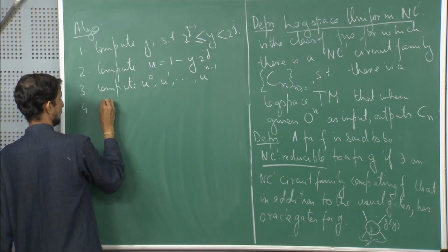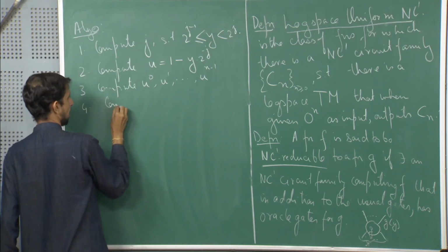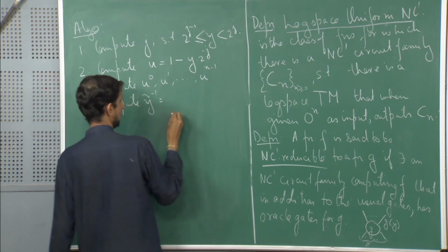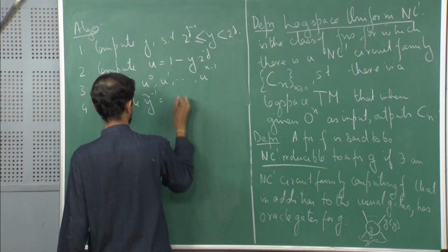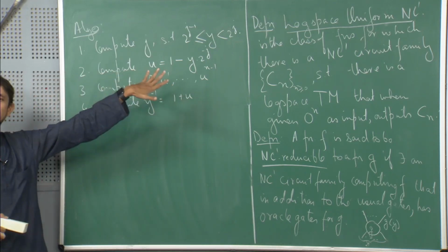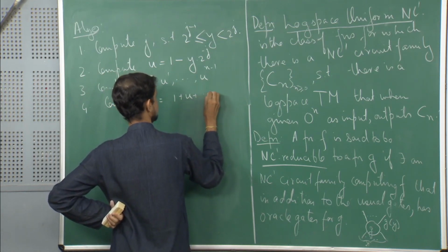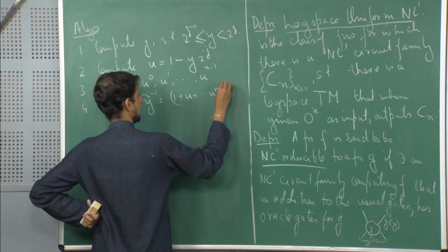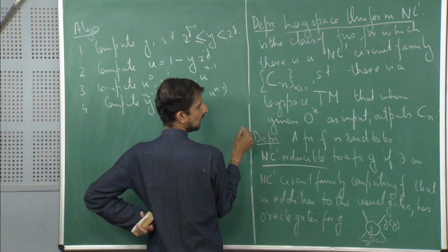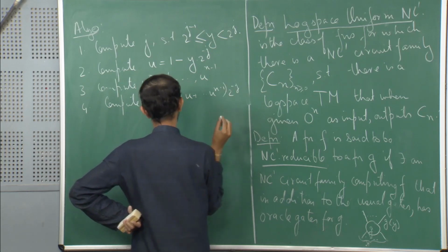Next we compute y tilde inverse, which is basically this summation, 1 plus u plus up to u to the power n minus 1, into 2 to the power minus j.